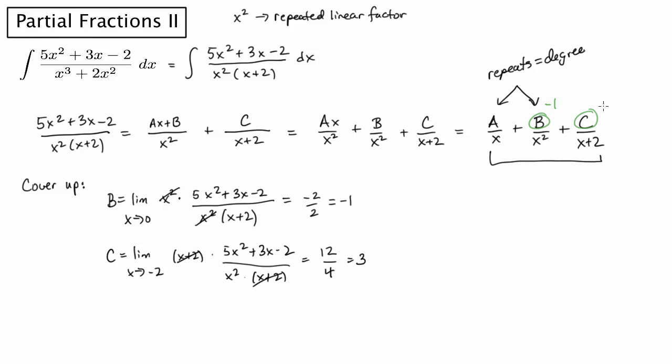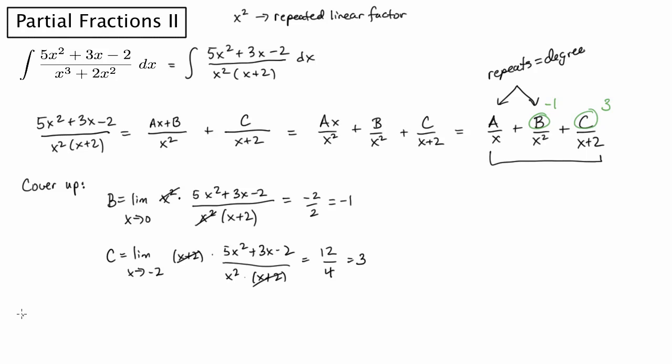So the value of c is 3. Now notice at this point we've recovered 2 of the 3 constants that we needed. There's no way for us to do cover-up with a, the reason being quite simple. If I multiply by x here, that's not enough to cancel the x squared in the denominator, and so evaluating that limit at 0, I'd still have a 0 in the denominator. We showed that in class. So the question is, how can I find a?